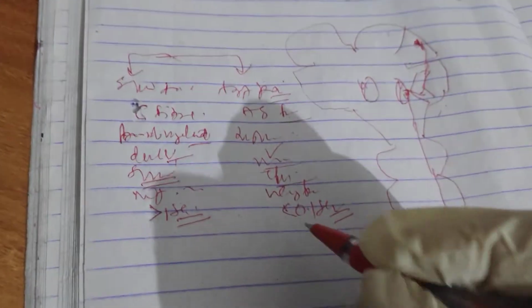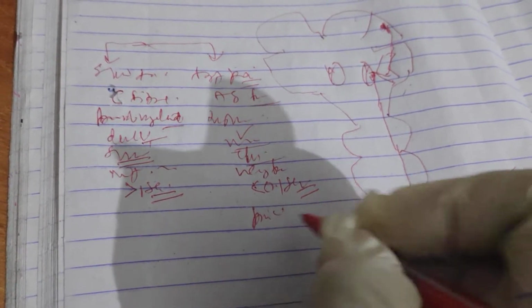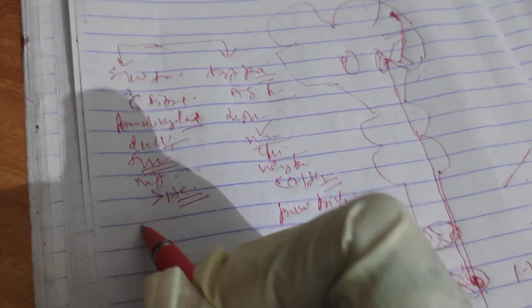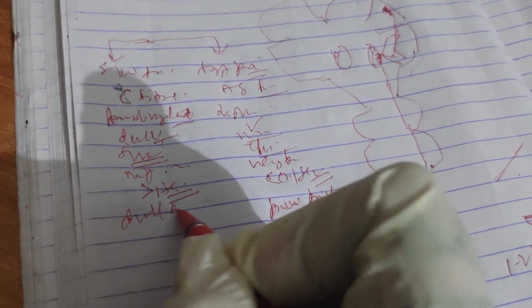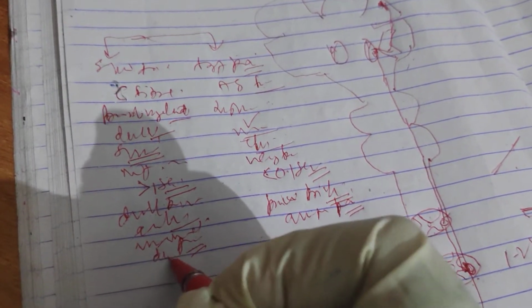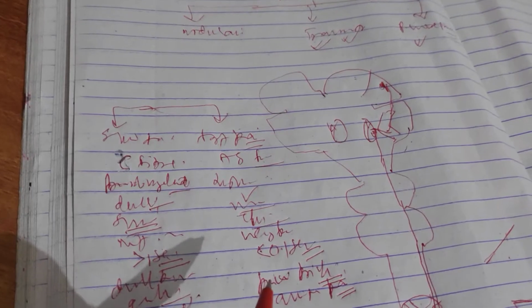Now the example of fast pain is the pricking pain, pin prick, acute pain, and this is the dull pain: dull burning pain, aching pain, visceral pain, which is dull in nature. These are the differences on which the perception depends.